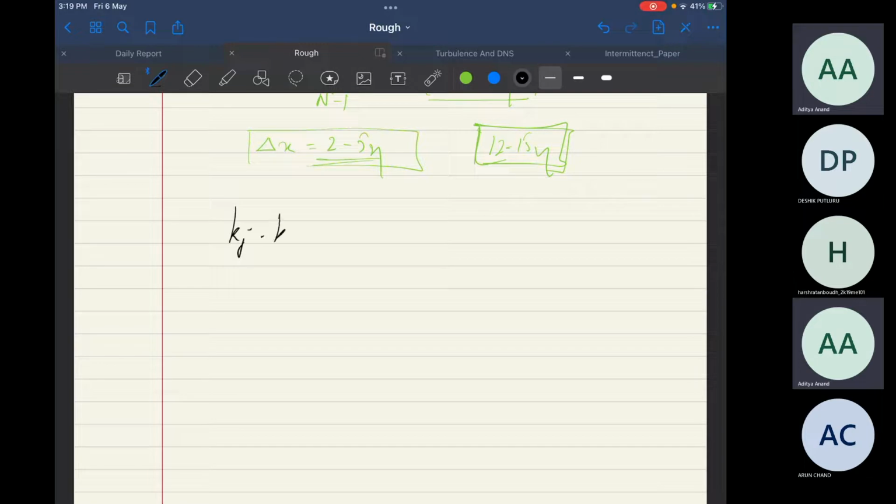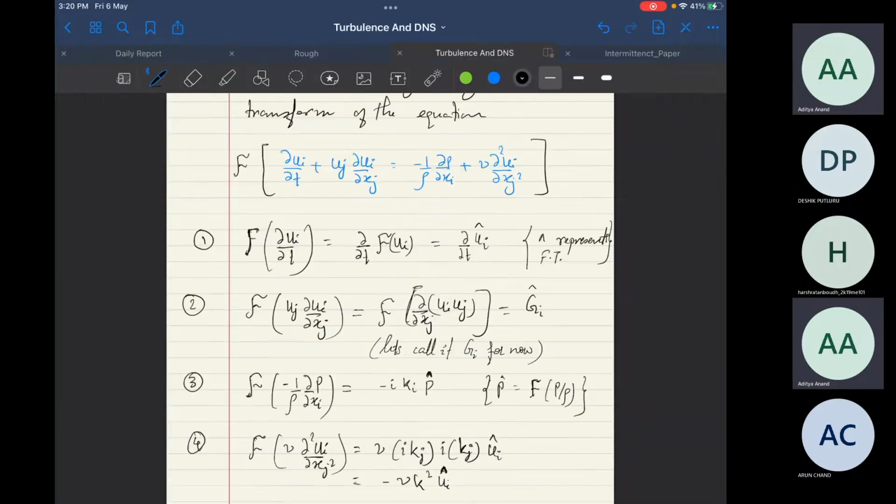So your kj dot kj is basically k1 square plus k2 square plus k3 square. So this is basically square of the magnitude of wave number vector. Okay, so we'll write the magnitude of wave number vector as simply k. So we have this term is negative nu k square ui hat.